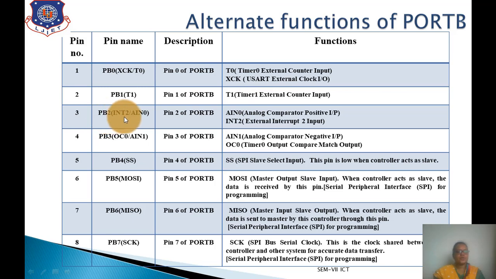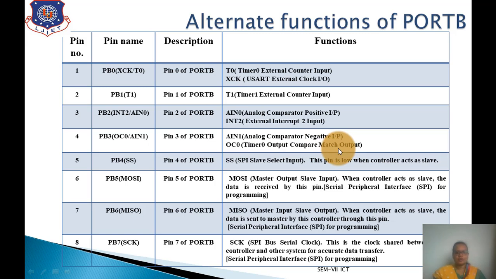Now PB2 stands for INT2 and AIN0. INT2 is external interrupt 2, and AIN0 is the analog comparator positive input. Whenever we are using port A for ADC, at that particular time these alternative functions AIN0 with AREF will be used. Then PB3 is for OC0 and AIN1. AIN1 is the analog comparator negative input, and OC0 is the timer 0 output compare match output. Now the ATmega32 works in 2 modes.